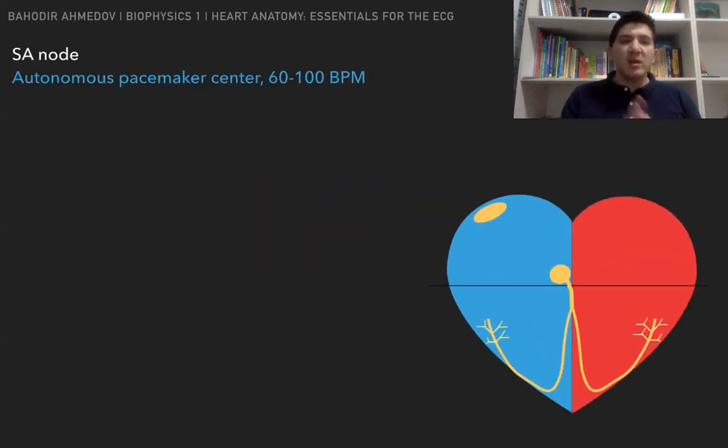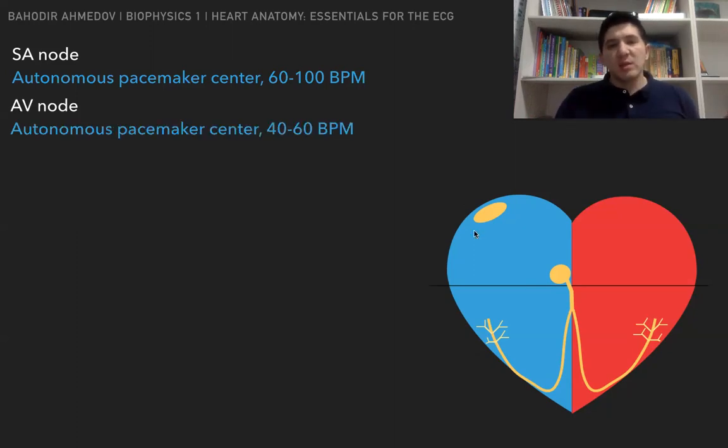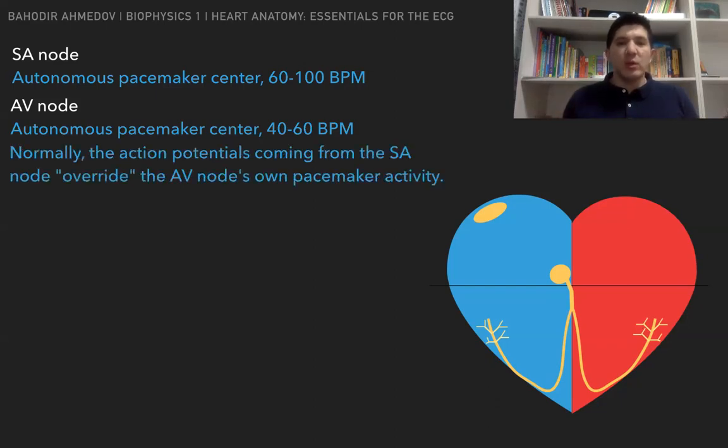The SA node is the autonomous pacemaker center, which is able to create 60 to 100 beats per minute. When the signal is transmitted to the AV node, it is also able to create a beat, from 40 to 60 beats per minute. Normally, the action potential coming from the SA node overrides the AV node's own pacemaker activity.